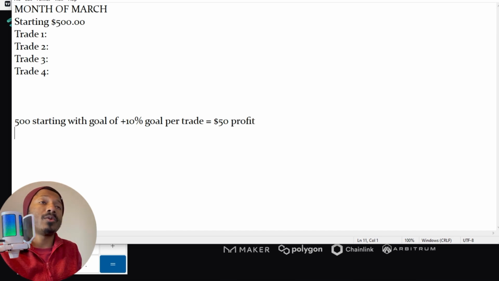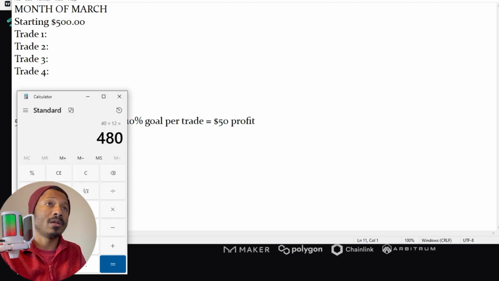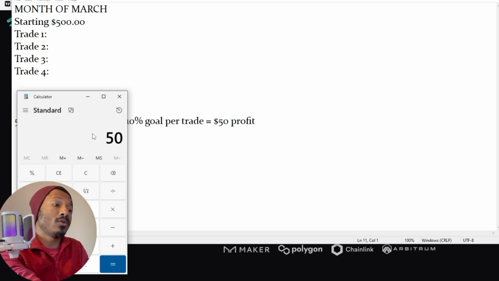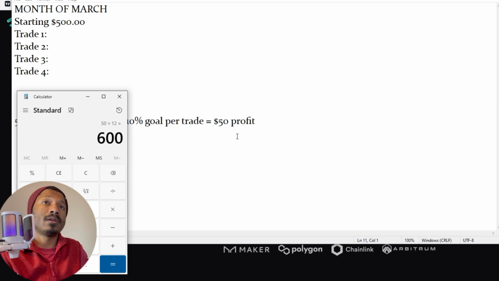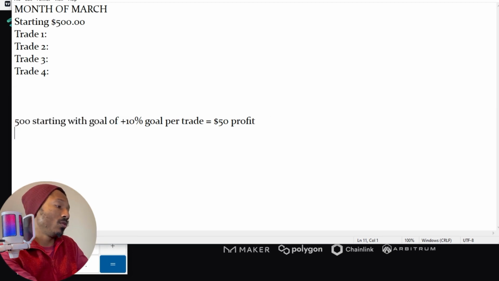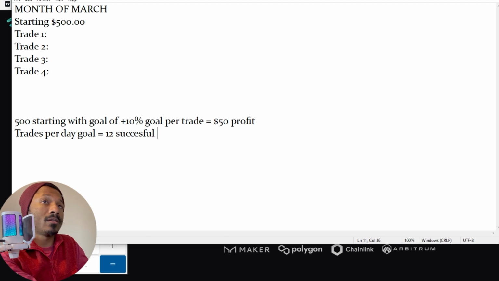And what we're going to go here with is the $50 in profit per trade. And then we're also going to go ahead and turn that $50 in profit per trade. And so we'll just do it the easy way. Within 12 trades a day, which would be the goal, trades per day goal would be 12 successful trades a day.